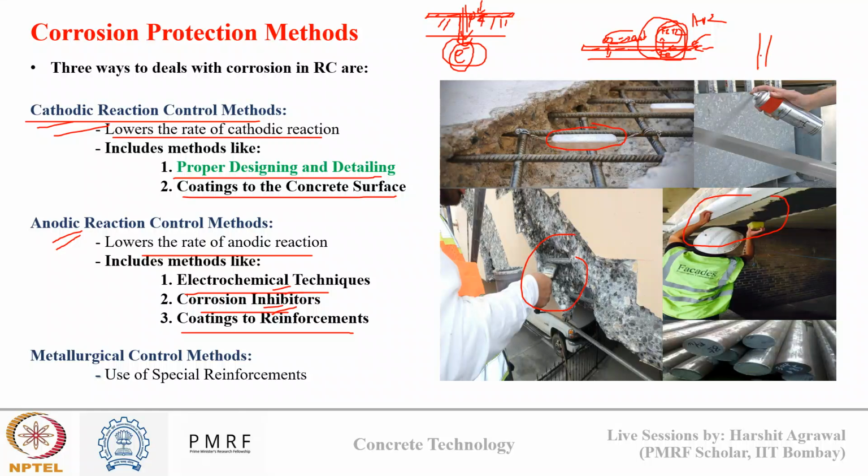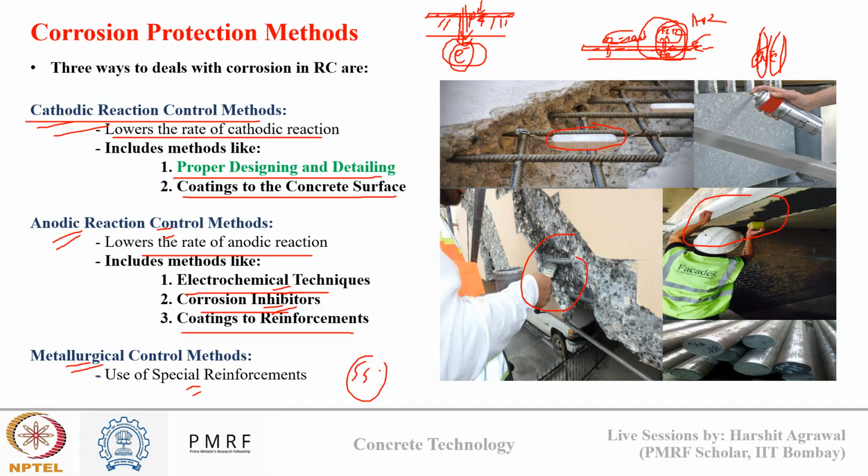When zinc and iron are connected together, what happens? Zinc corrodes rather than iron. So on iron, the anodic reaction won't happen; the zinc will corrode. That is known as sacrificial anode cathodic protection, which is also a technique to control the rate of the anodic reaction.